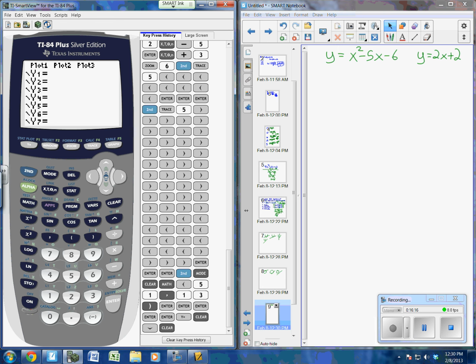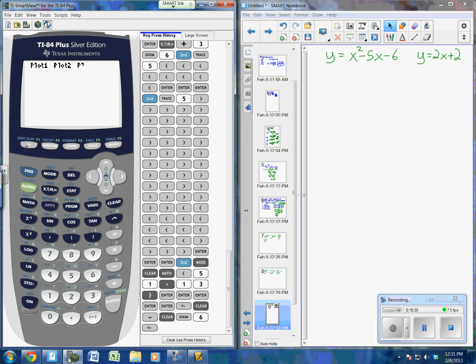I need you to hurry because we're not going to stop. I need everybody to have a standard window. How do you get a standard window? Hit zoom and hit 6, so we're all going to have the same window to start with.